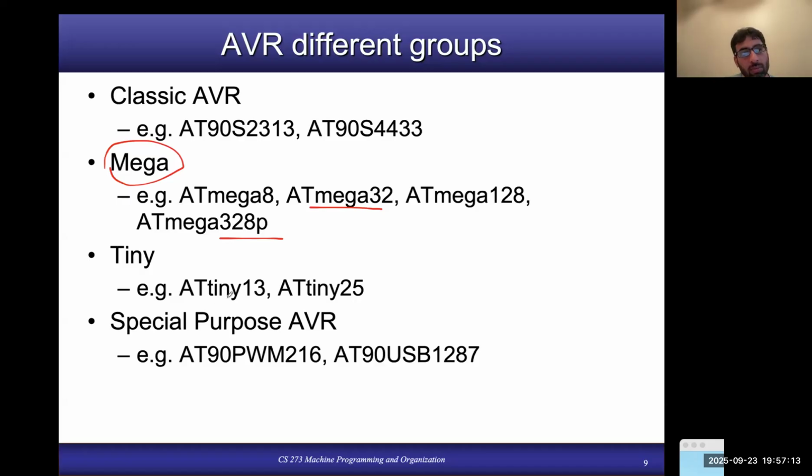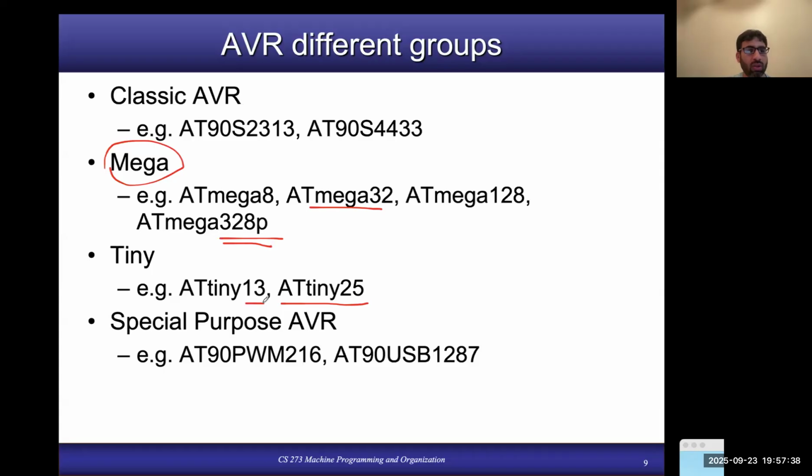So maybe if you have a project which only needs to blink an LED, then the ATmega328P is an overkill, and you can simply use a tiny version of the AVR microcontroller, for example ATtiny25 or ATtiny13, which will be sufficient for that kind of project.